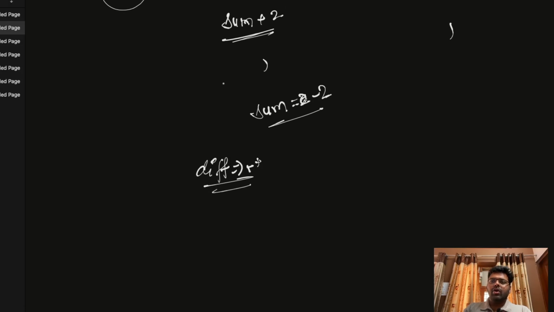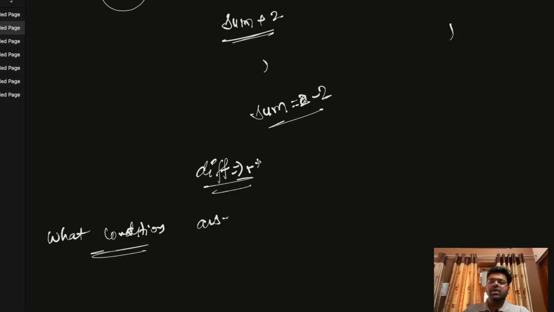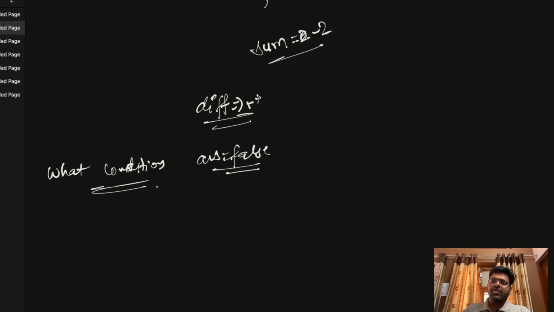Now, on what conditions can I say my answer would always be false? First, when my sum is less than 2.